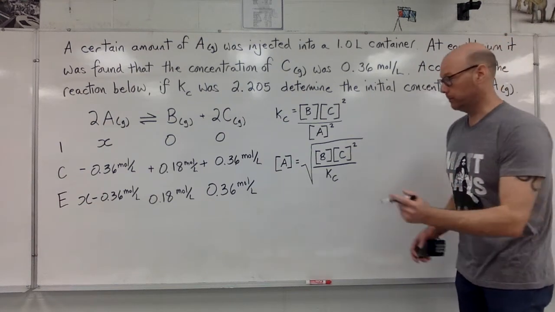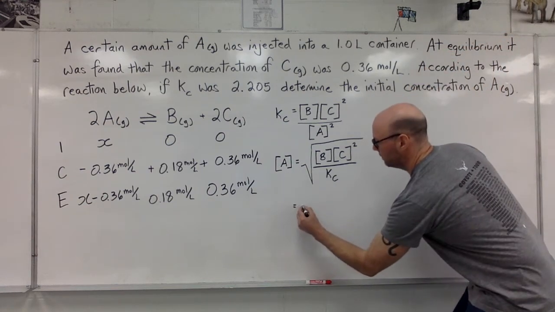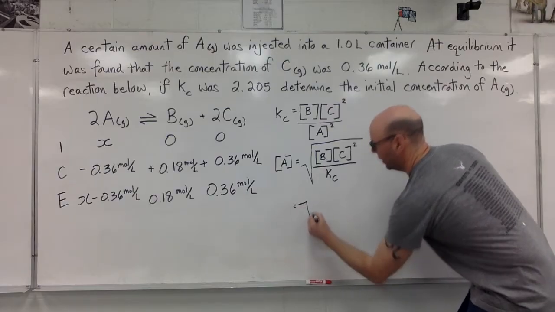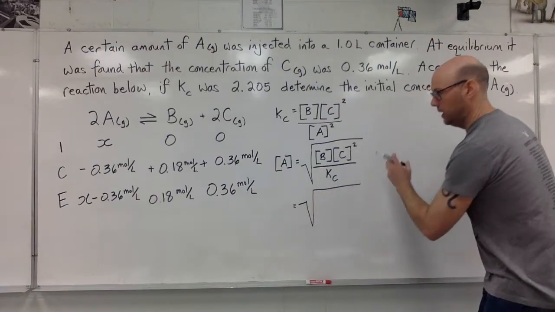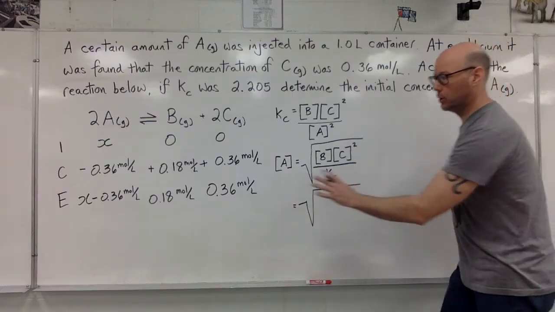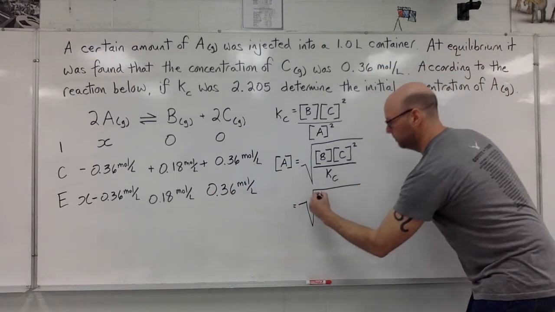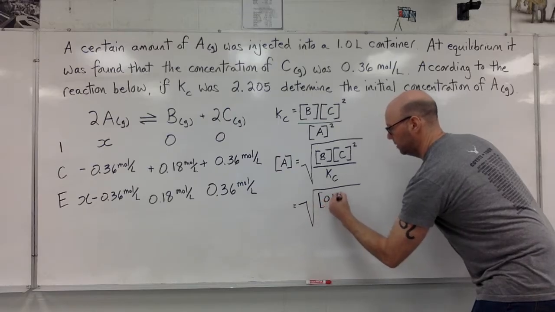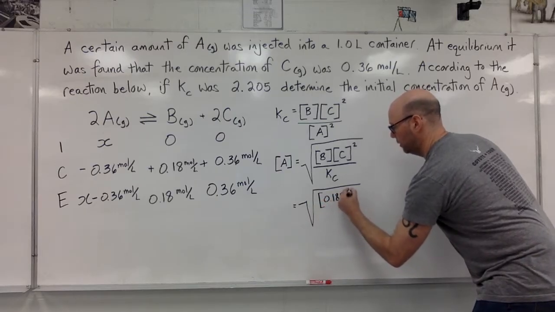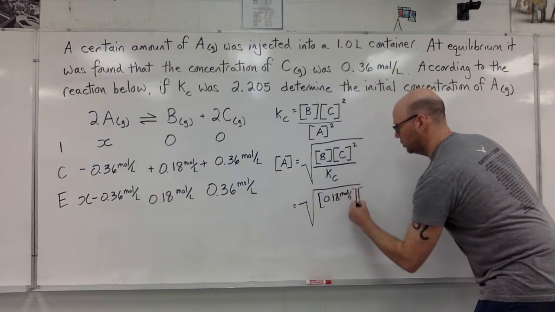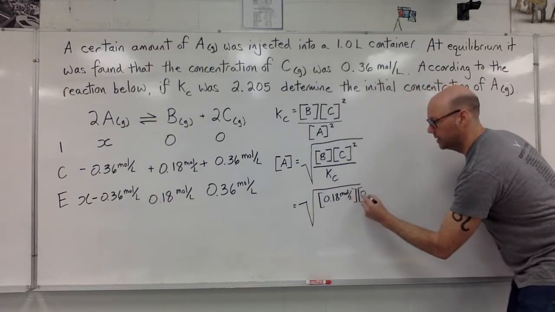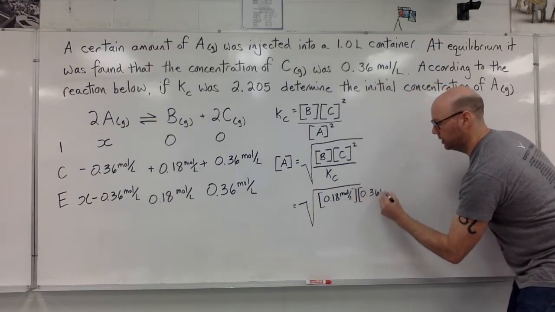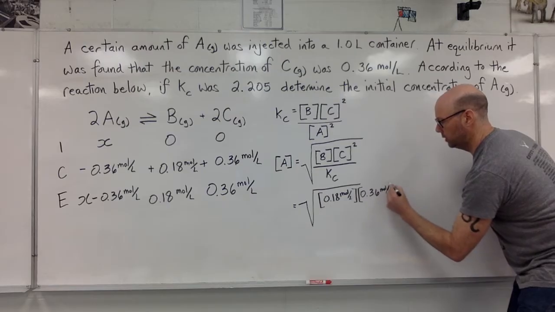Let's put some numbers in. This means that it's the square root of the equilibrium concentration of chemical B, or 0.18 moles per liter, times the concentration of chemical C, 0.36 moles per liter.